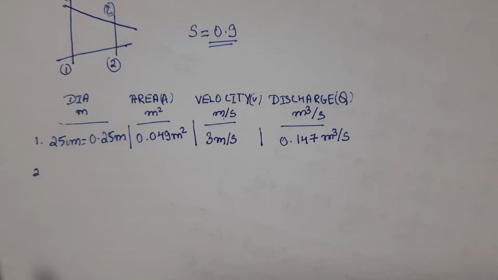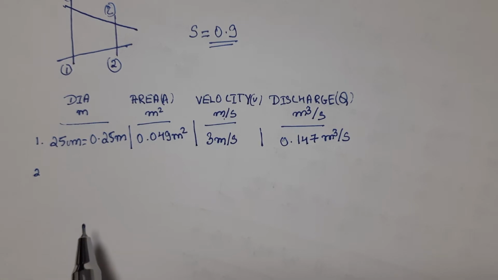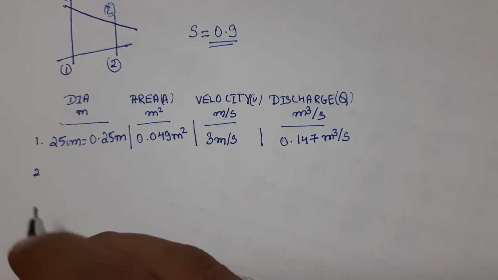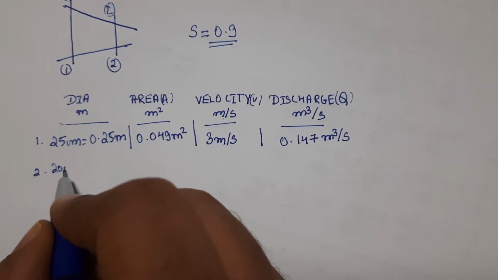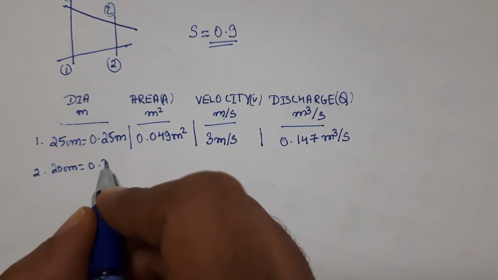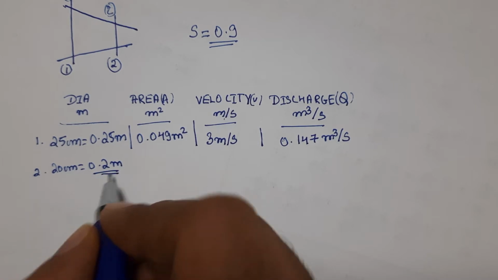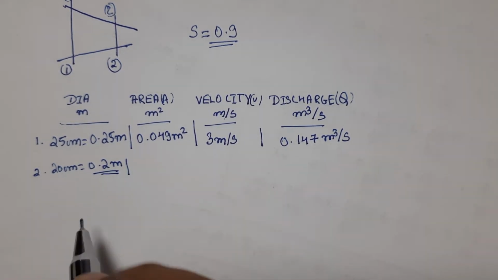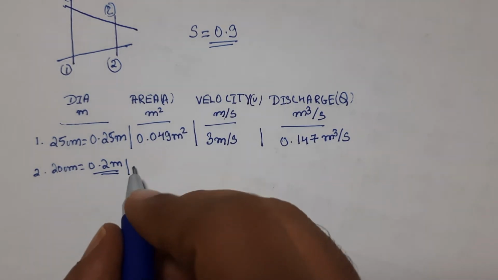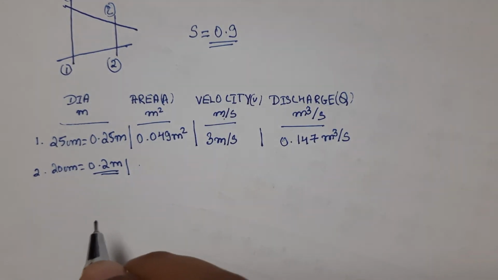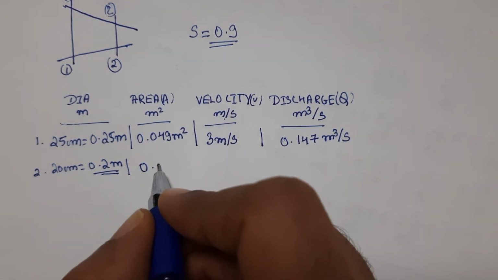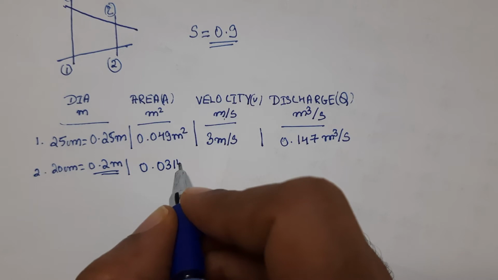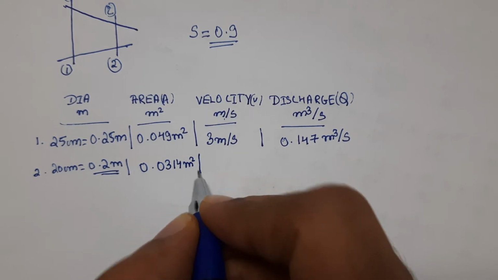Now in section 2, the given data is that the diameter is 20 centimeter, so that is equal to 0.2 meter. The cross-section area A2 is nothing but pi by 4 into 0.2 square, so that is 0.0314 meter square.